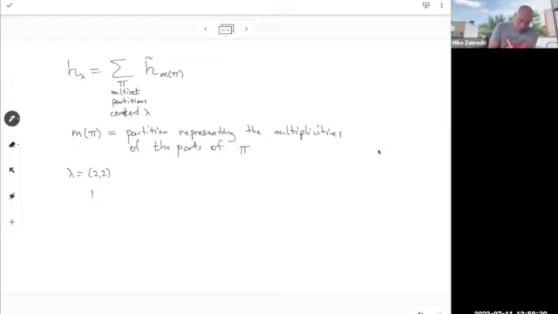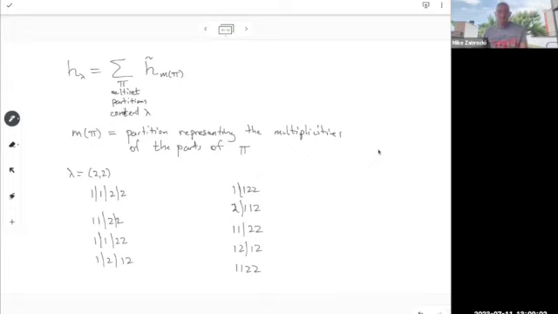So if lambda is equal to 2, the multi-set partitions look like this. There are 9 of them.